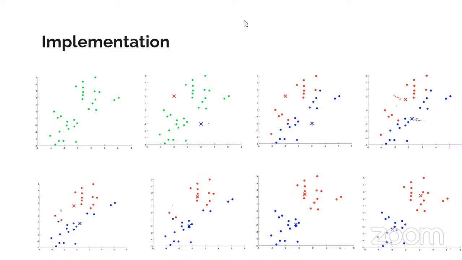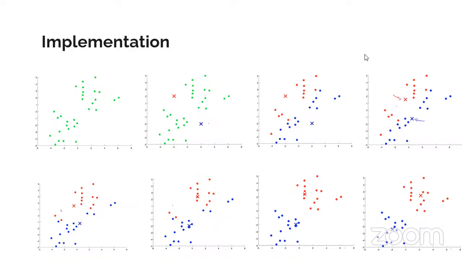Any doubts? Everything is clear. Initially, I don't have red and blue. I want to separate it as red and blue. I randomly pick some points, randomly. Okay. Calculate the distance. Whichever is closer, I will assign it to that specific red or blue cluster.